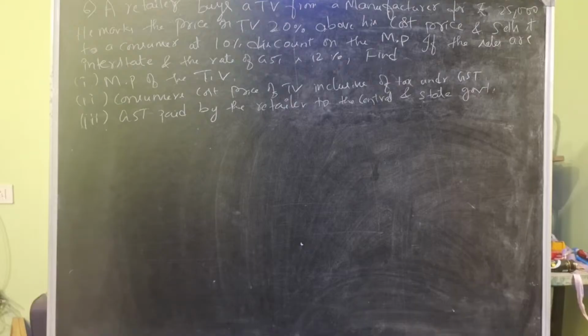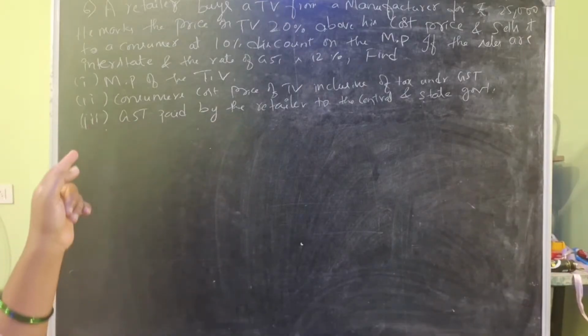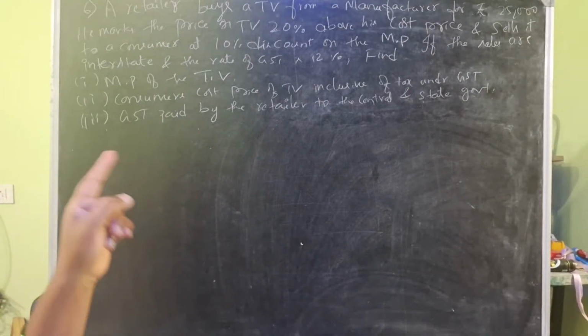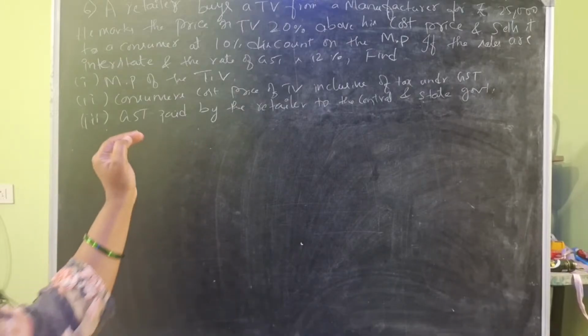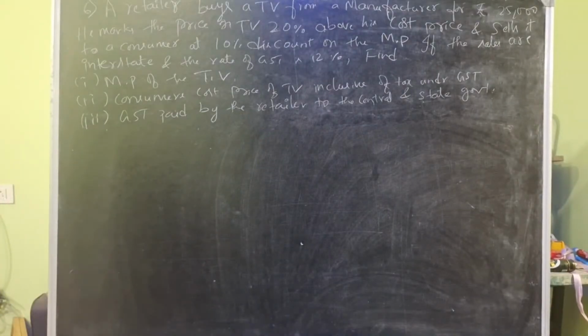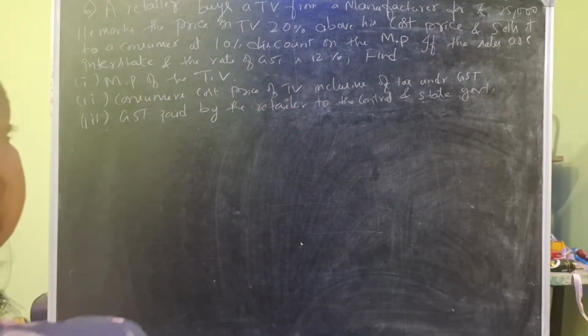Then we have to find the 10% discount on that. For the second question, we have to find the GST amount for that cost price, and find the total price inclusive of GST. And for the third question, the GST paid by the retailer to the central and state government.